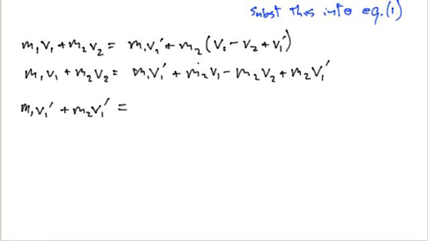So I've got an M1 V1 original, and then I've got two M2 V2s, because when I add this over to the other side it'll make 2, so plus 2 M2 V2s, and then minus an M2 V1.